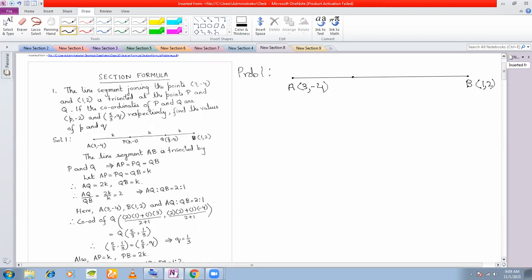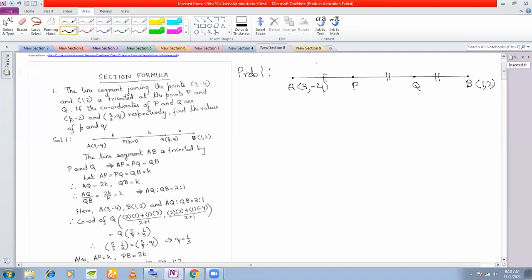So you have this point and this point, so this AB is divided into 3 parts. This is our point P and this is our point Q. It is trisected at the points P and Q. That means this part must be equal to this part must be equal to this part. That is what it means.